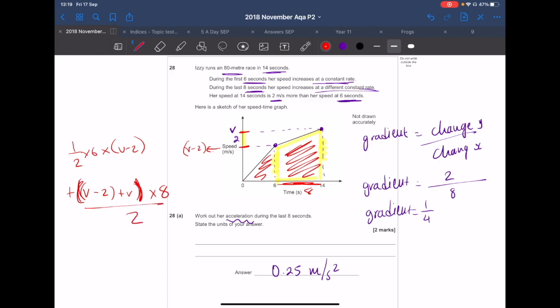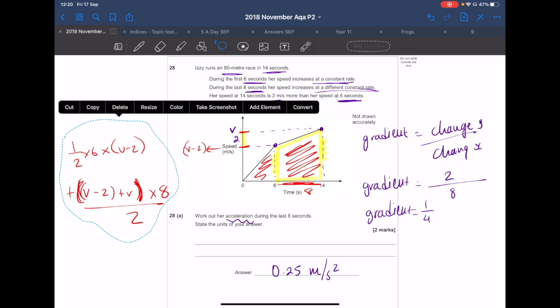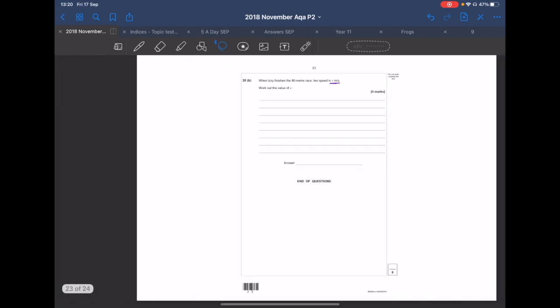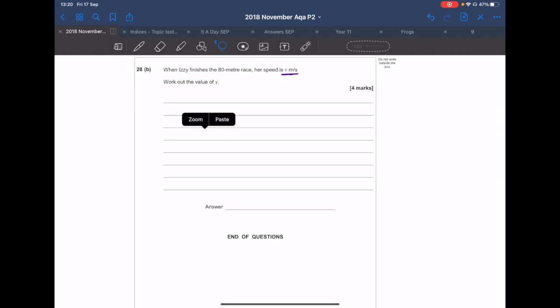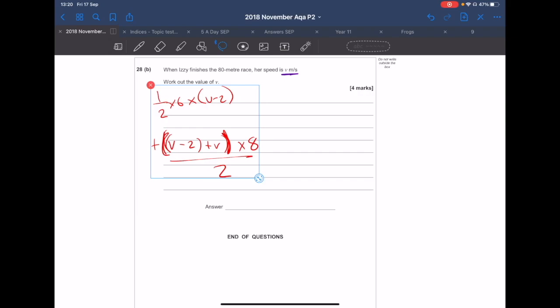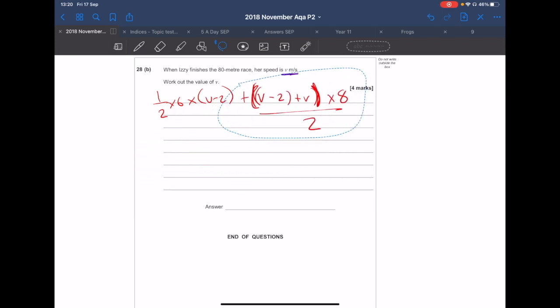And if I add these two together, these two should be equal to 80, because that is the total distance covered. So I'm just going to copy that quickly and paste it here. So that should be equal to 80.